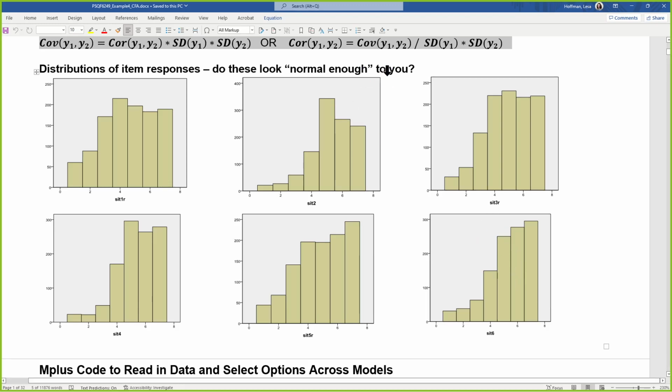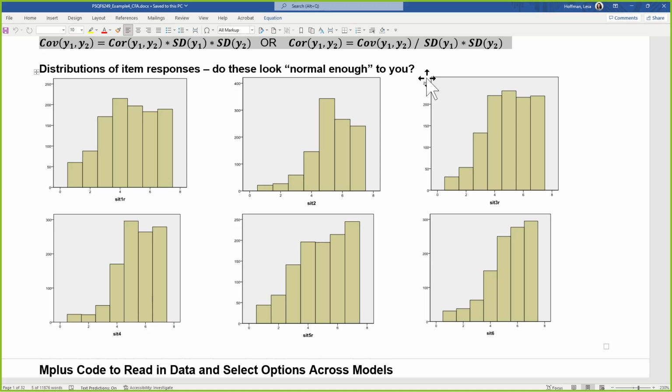So I will show you some diagnostics that you can pay attention to answer the question, is this normal enough? There's not really a significance test, but there are things you can look at. And the first thing is this. Normally, I would say that the marginal distributions don't tell us anything because all of the assumptions about our model are about residuals, right?